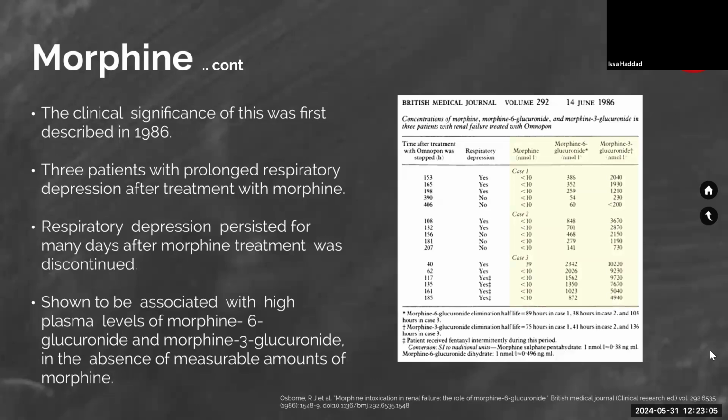And this, if you look at the table, has been shown. They measured starting from 153 hours up to 400 hours after stopping morphine. And the morphine level was really undetectable in most of them, but the M6G and the M3G were still elevated, and the patients were still complaining of respiratory depression. So that's where the idea of the metabolites being the problem came from.